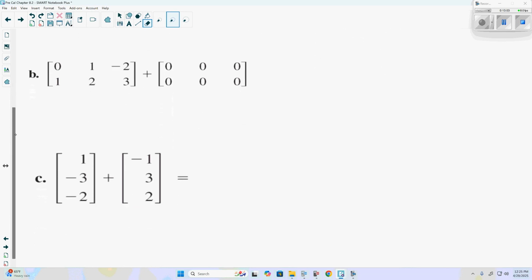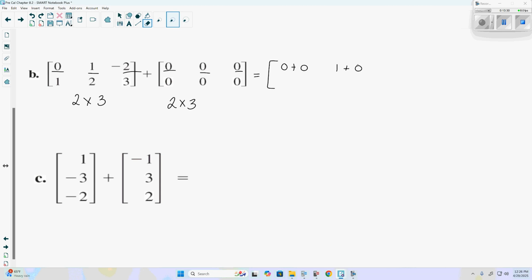B. The first one is a 2 by 3. Second one is a 2 by 3. So that means we can add the corresponding elements in the first one to the corresponding elements in the second. So our first one would be 0 plus 0.